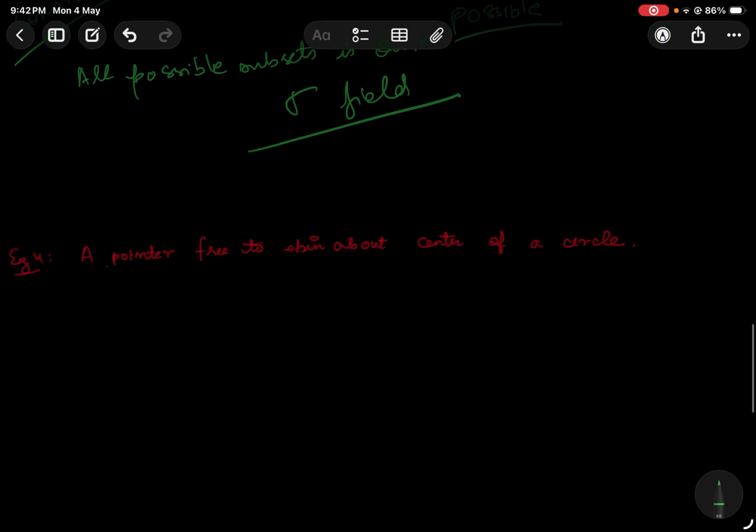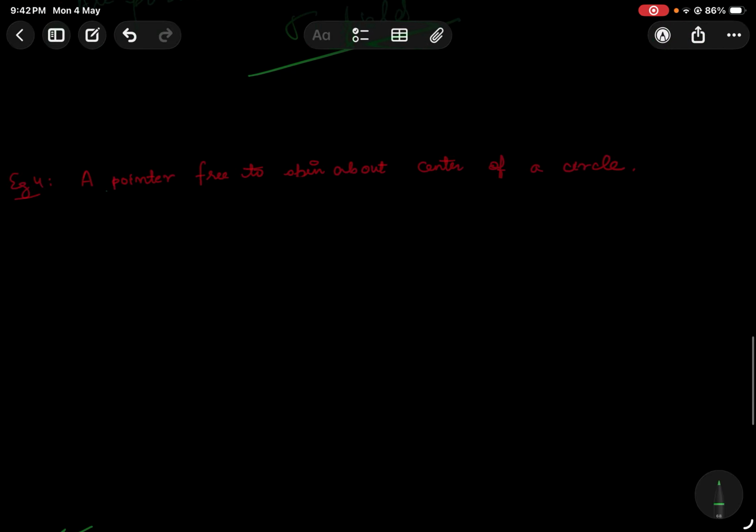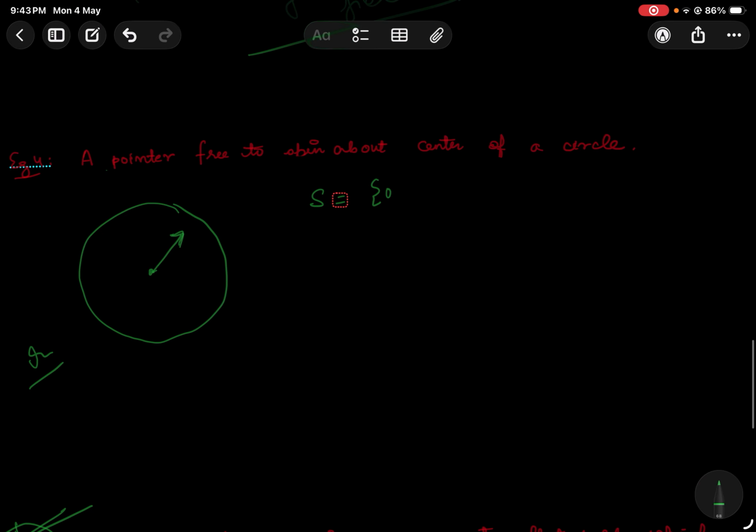Now let's go to our last example. You have a circle, the radius of this circle is r, you have a pointer and you rotate this pointer. Now I ask you, what is the sample space? Like where will you land? Now I cannot list this in numbers. I can't say 0, 1, 2 or something like that, right?